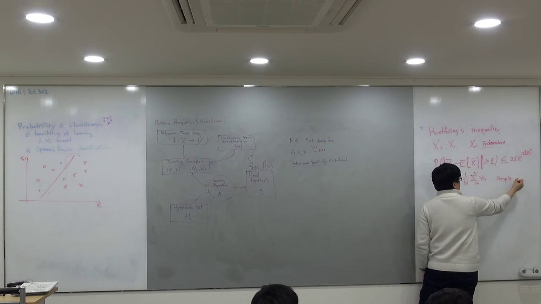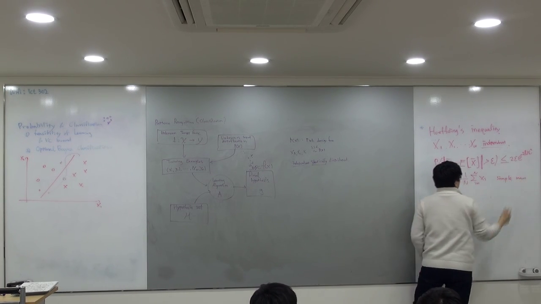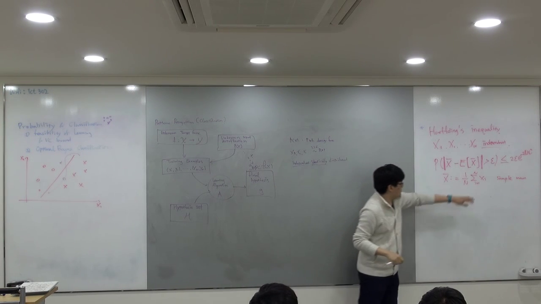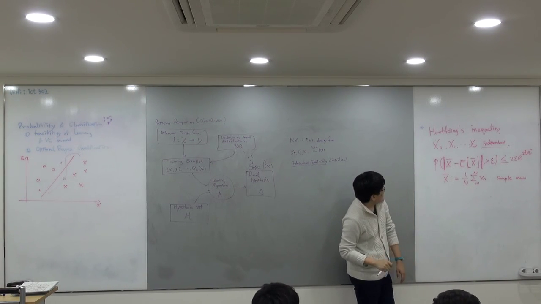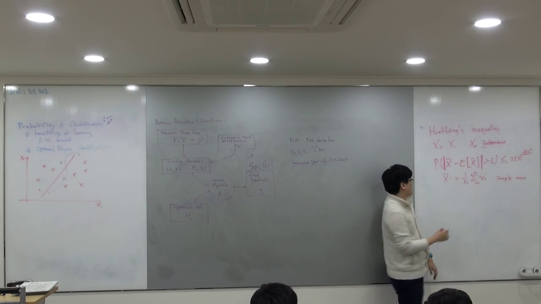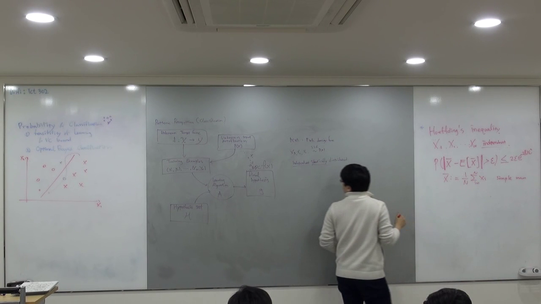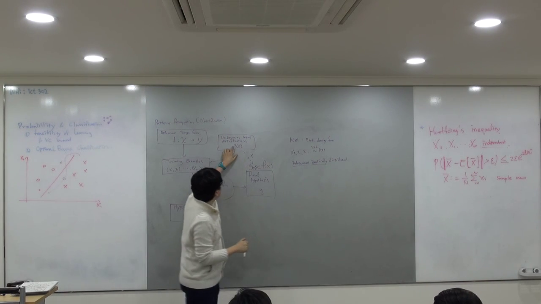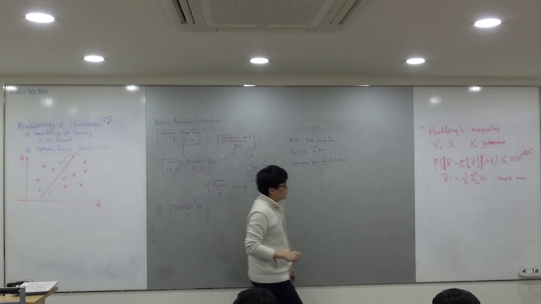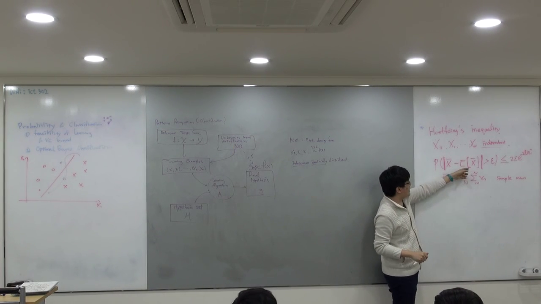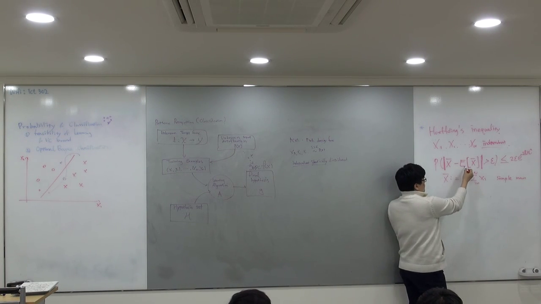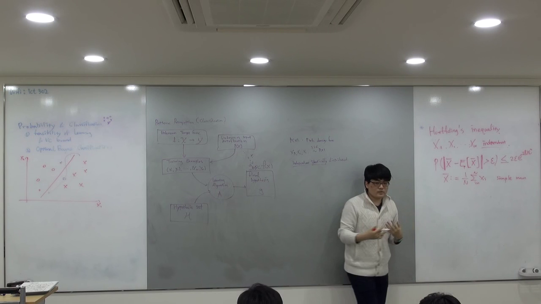We usually call this a sample mean because you have n training samples and you just take the average. And here the expectation E is actually the expectation over the unknown true distribution. So you cannot actually calculate this expectation. It's from the unknown distribution P, which generates the training examples.